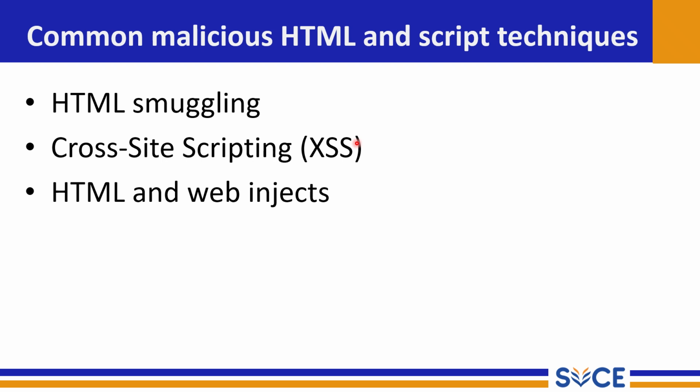Next is HTML smuggling detection. As an example, an HTML file containing encoded JavaScript is executed by the victim's browser, downloading the next stage of the payload.